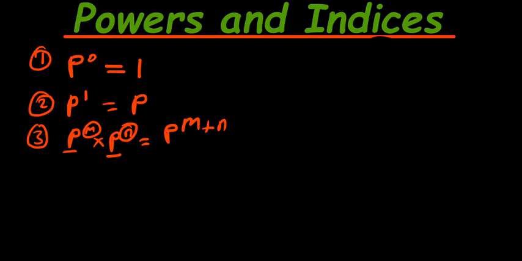In this case, if you have 7 to the power 3 multiplied by 7 to the power 2, you add the powers, and then you maintain the base. So you're going to have 7 to the power 3 plus 2, which will be equal to 7 to the power 5. So that is the law of indices.